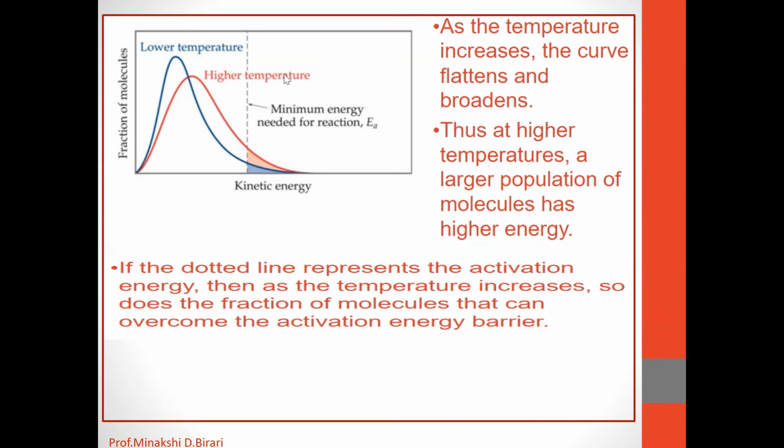So we know that the fraction of the total number of molecules that is activated increases rapidly with temperature, and hence the rate of reaction also increases. So the Maxwell-Boltzmann distribution law is also related with the energy of activation. The energy of activation is nothing but the minimum amount of energy the reactant molecules must acquire before they could react. As the temperature increases, the curve flattens and broadens.